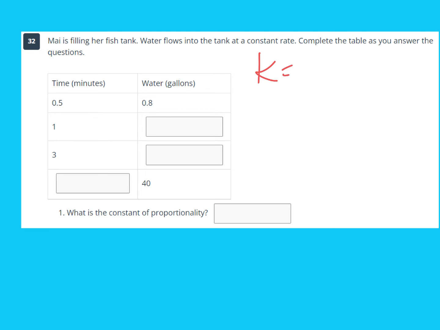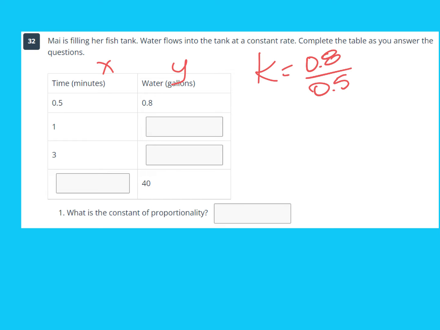K equals, this is X, this is Y. 0.8 divided by 0.5. I know what you're thinking. Like, Mrs. De Silva, those numbers are icky. I can't do them without a calculator.